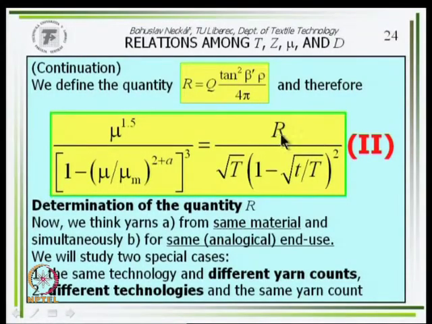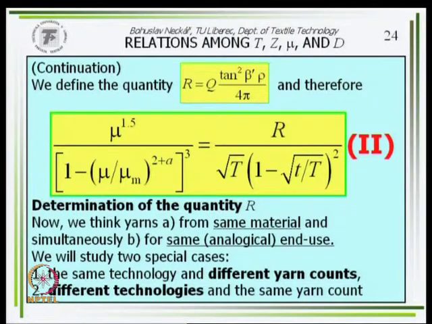We can study the quantity R. Let's think of yarns from the same material and for the same or analogical end use. We will study two special cases.